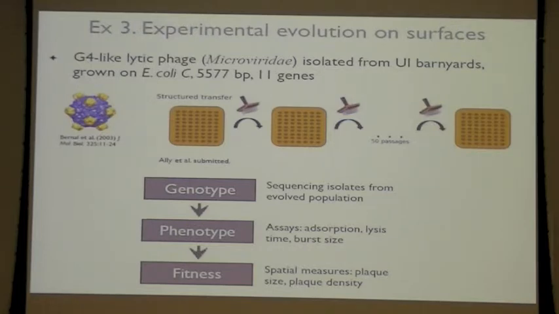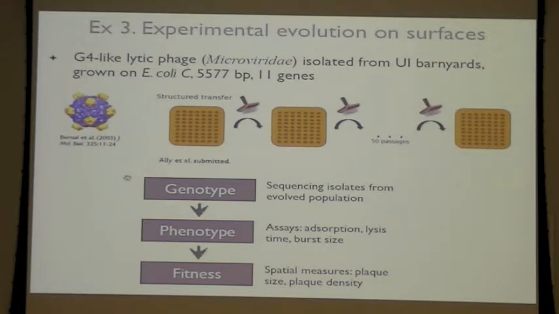So one of the things that I thought was really cool about microbial systems like bacteriophage was its ability to map genotype to phenotype to fitness, which is something that's quite difficult to do in other organisms. So I realized that here I have access to this nice library of evolved phage that I could then compare in terms of both genotype and phenotype to the ancestral population and also measure its fitness.